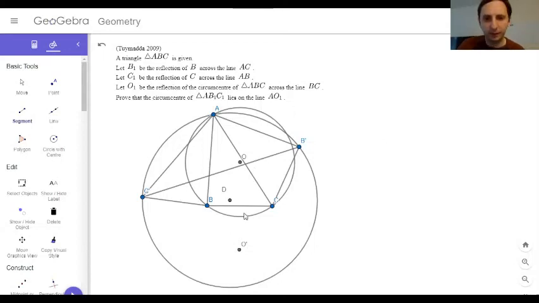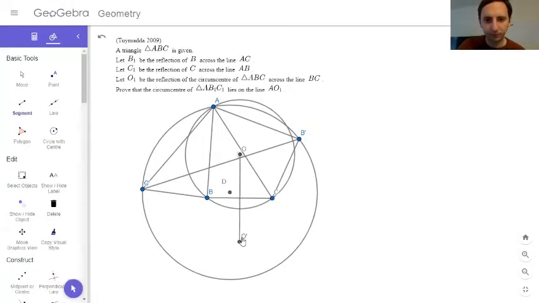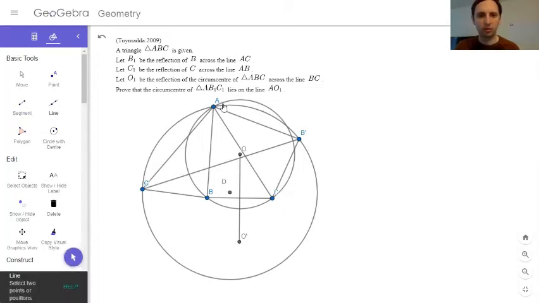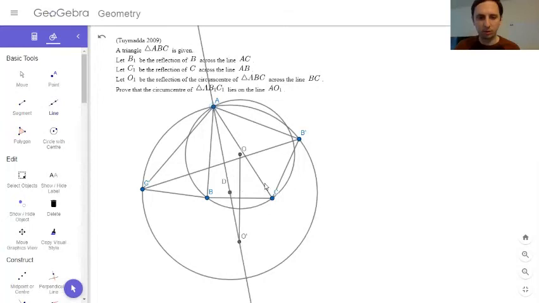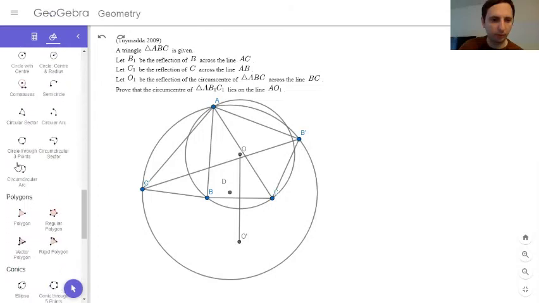This almost feels like a Sharygin problem a little bit. So let's see. So I wonder, let me draw the circumcircle.